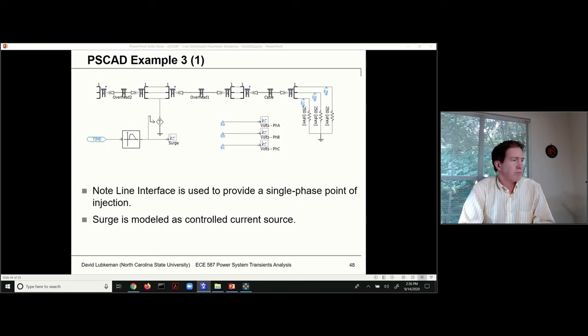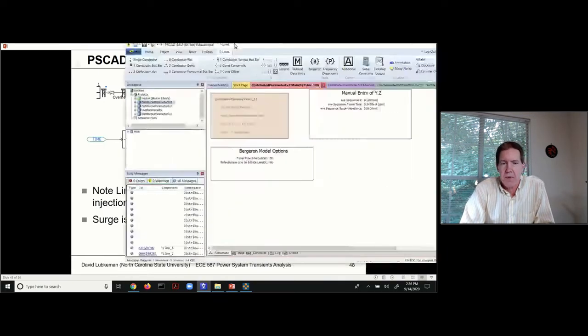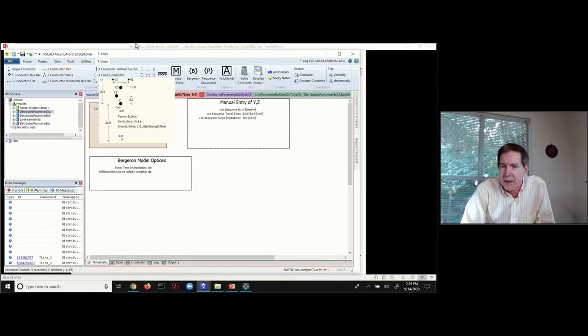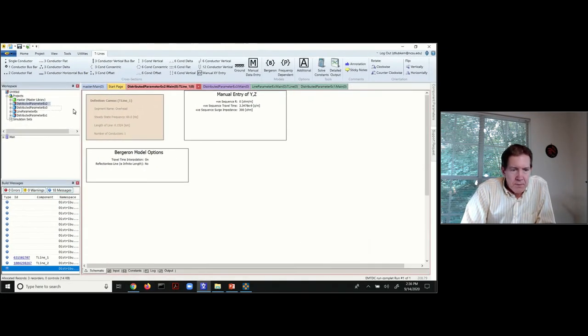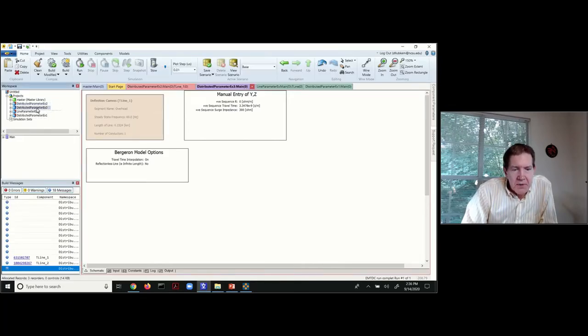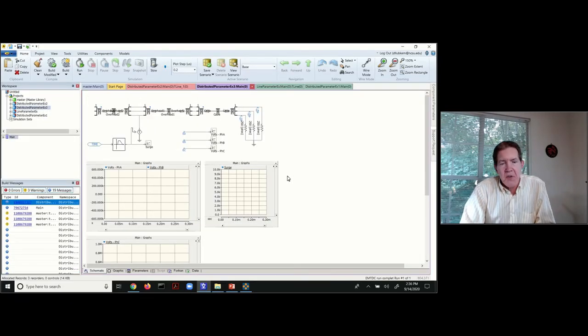So the way this looks in PSCAD, and you'll see how this is different from three-phase, is I've got the line model set up, but there's another element you can use in PSCAD, which is basically like a splitter.